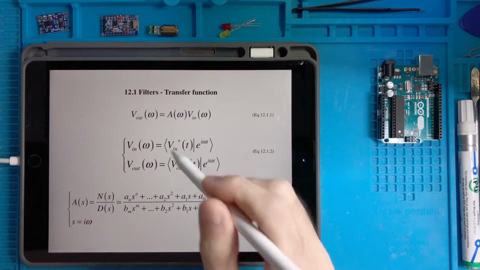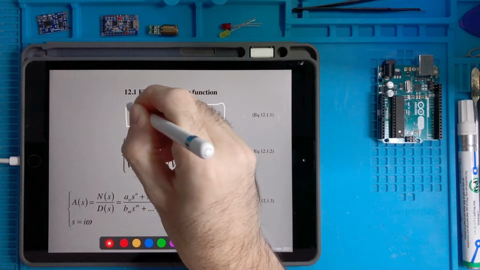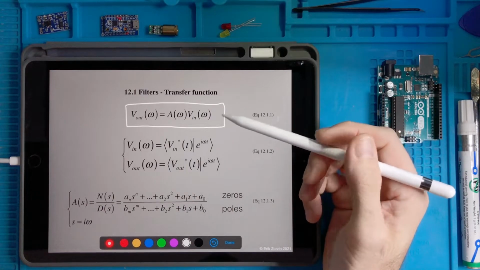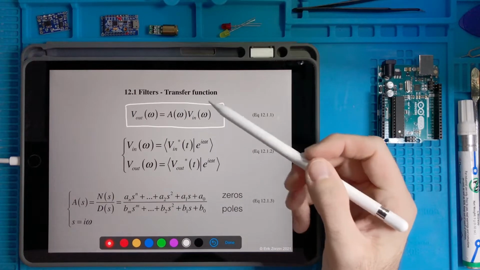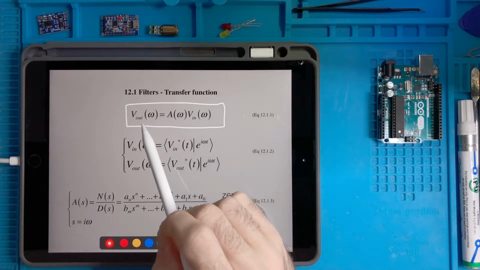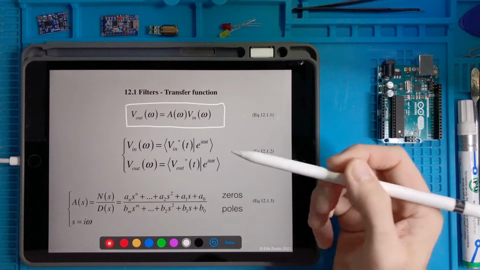So let's consider this now. We consider the input as a sinusoidal, and we want to know what's the output when we make use of linear components.